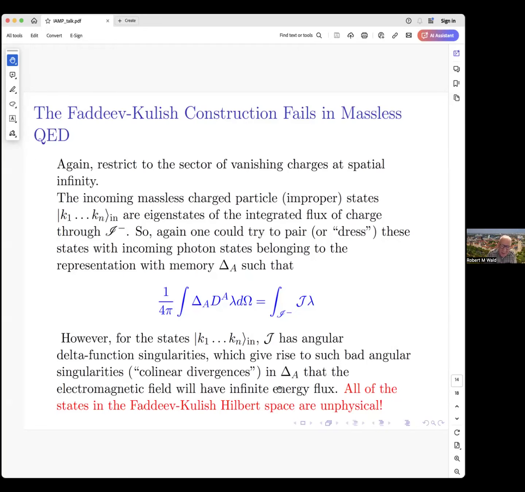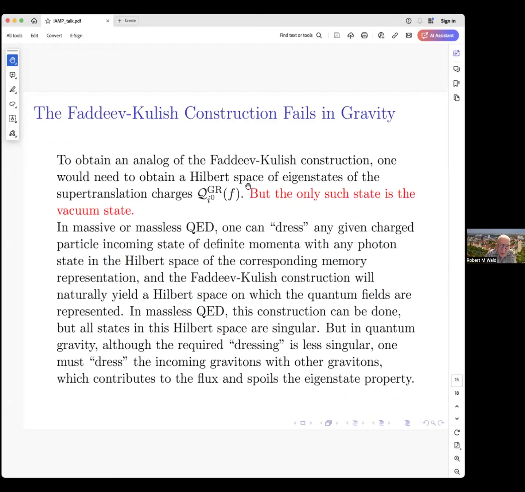They're still angularly singular, but not in a disastrous way. So you could possibly live with the dressing, but there's a more fundamental problem that occurs in the gravitational case because of the nonlinearities.